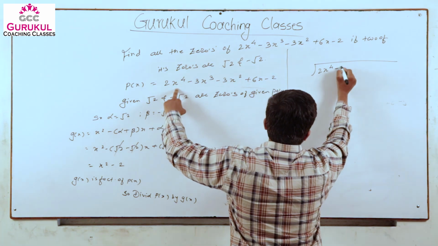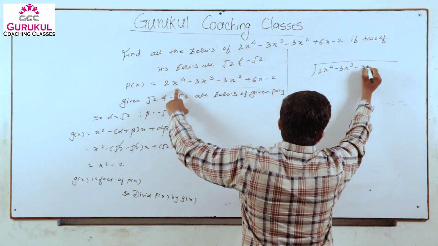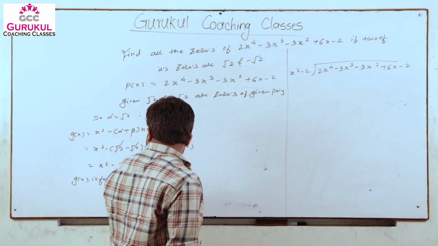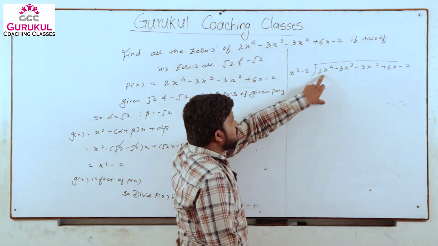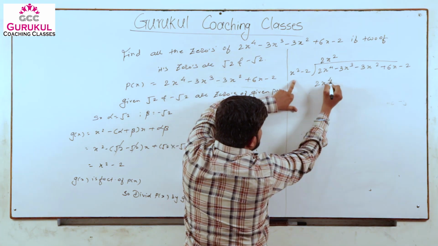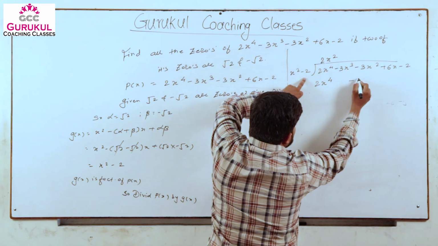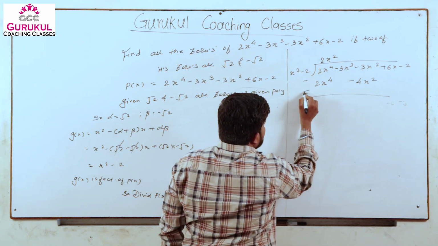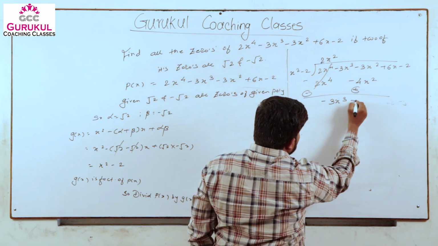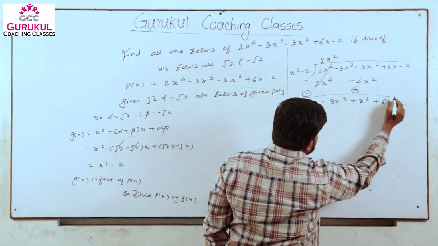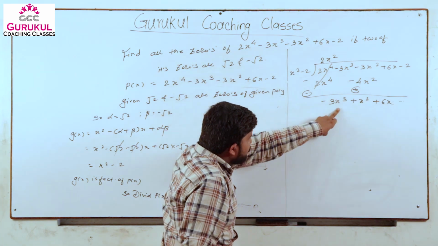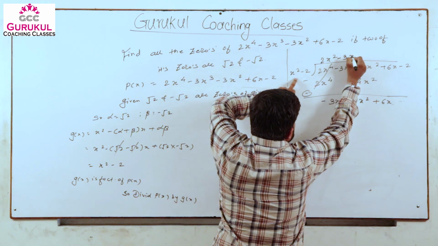2x raised to 4 minus 3x cube minus 3x square plus 6x minus 2 divided by x square minus 2. Here we want 2x raised to 4, so multiply by 2x square. 2x square into x square is 2x raised to 4, 2x square into minus 2 is minus 4x square. Minus plus, cancel, minus 3x cube plus x square plus 6x. Here we want minus 3x cube, so multiply by minus 3x.